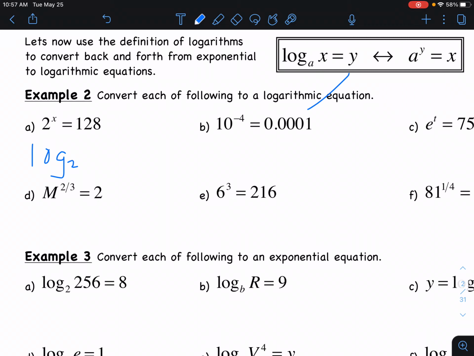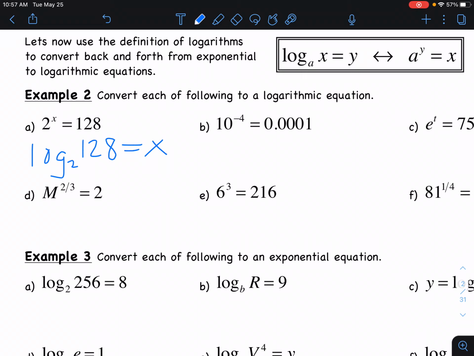We're just looking at this box as we go through this until we commit it to memory. So it's log base 2 of 128, and then it equals the exponent in the power, which is x. Now, we aren't solving here, but if we were to solve, it would actually be 7. 2 to the power of 7 is 128.